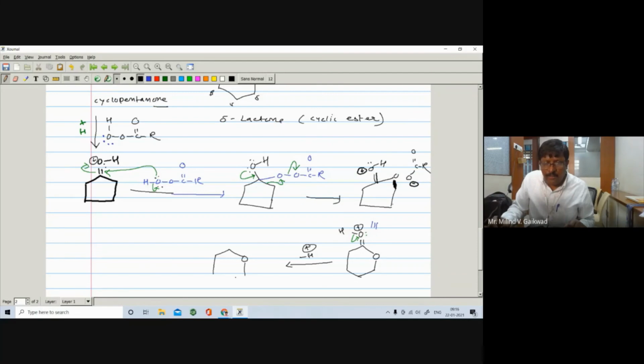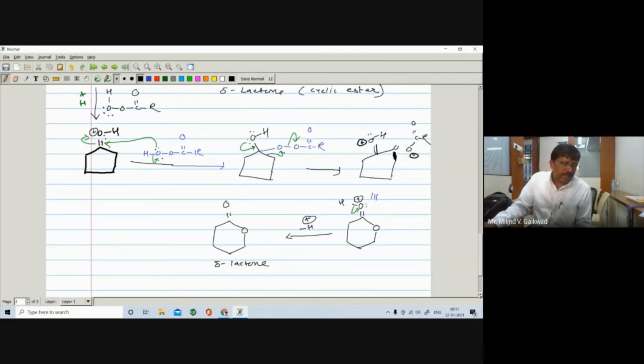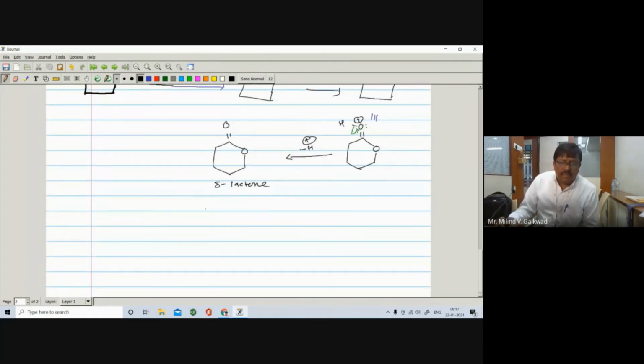Here you are having such type of compound, that is a C double bond O. Right? So in this way it will convert into a gamma lactone ring. So this is a simple mechanism, and even though we can write down a number of examples here, if it is a 5-member, it becomes 6-member.